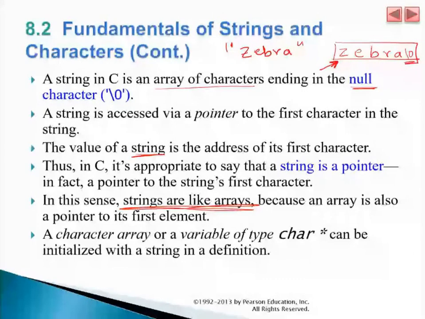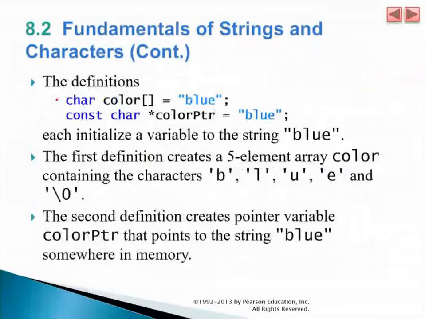Now, a character array or a variable of type char pointer can be initialized with a string in a definition. Whenever we have to define a string, either we can do it in this way. This is an array of characters, and we have seen this way many times. Another way is this: you can make a pointer which is pointing to a string. Here we initialize a variable to the string blue.